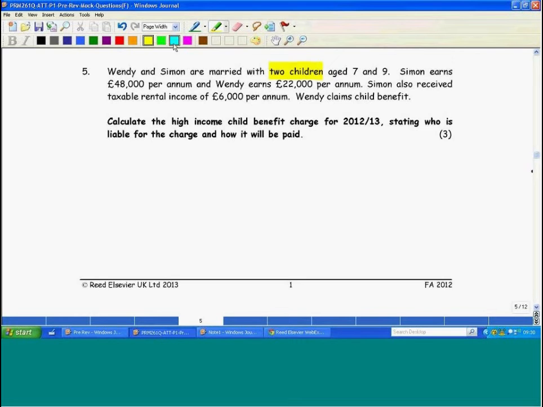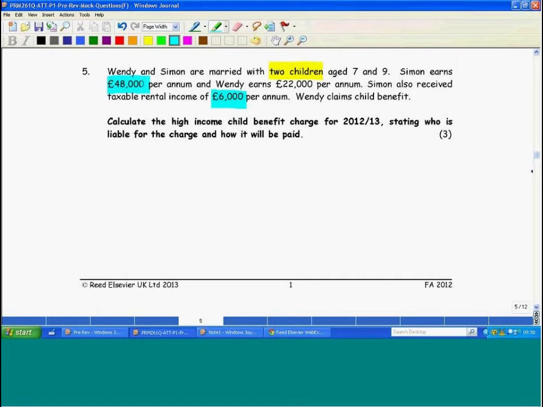Simon also receives $6,000 rental income. So Simon's earning in total $54,000. We're told Wendy claims the child benefit, and then the question is asking us to calculate the income child benefit charge for 2012-13, state who is liable for the charge and how it will be paid.